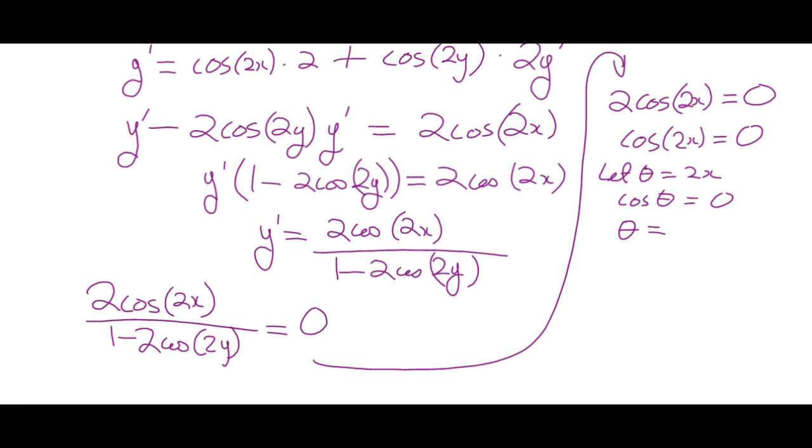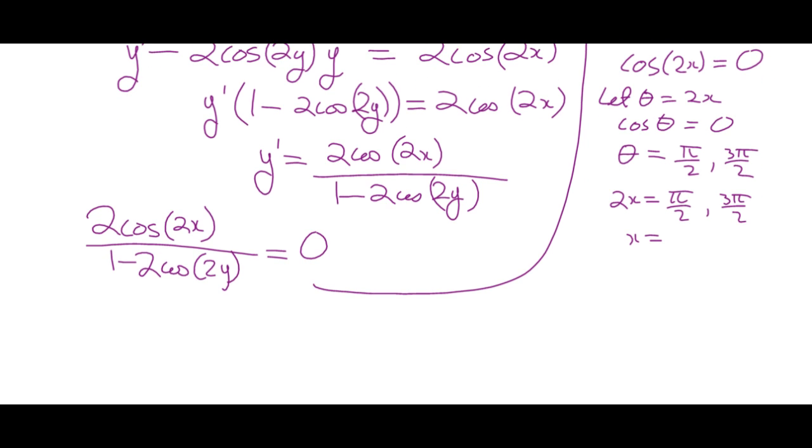When is cosine 0? Pi over 2, 3 pi over 2? But we've got 2x is equal to that. So I replaced the 2x with theta and then worked out, because I know if I'm working out the cosine of what is 0, I have to do it from 0 to 2 pi. So x is equal to, we're just going to multiply by half. So pi over 4 and 3 pi over 4, and 2x has a period of pi.